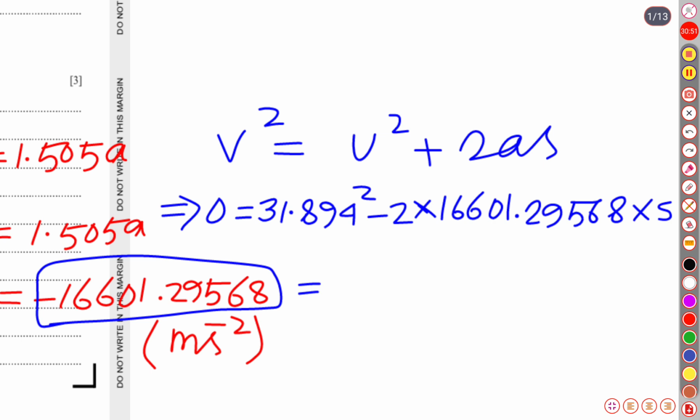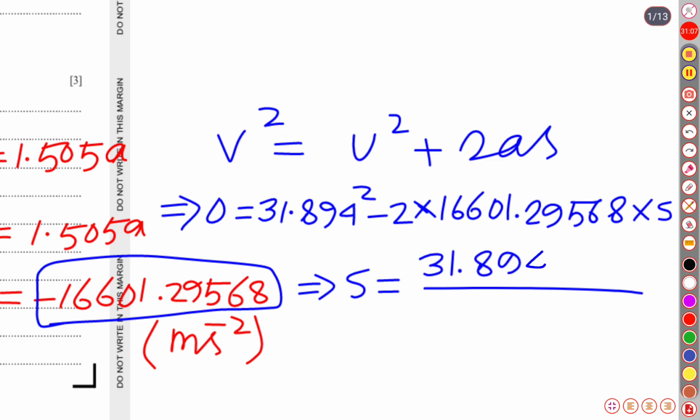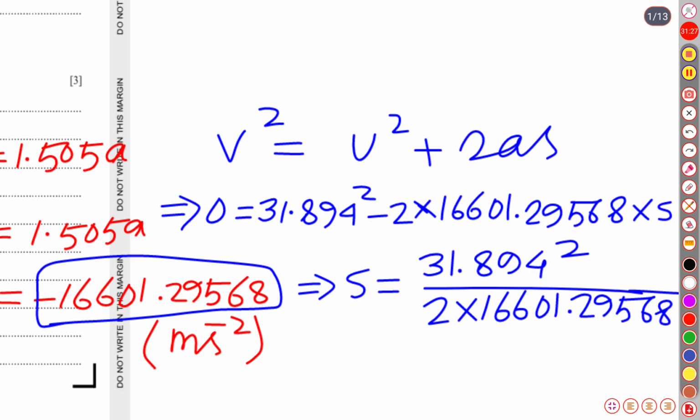Now if we isolate s, it is going to be 31.894 square over 2 into 16,601.29568.